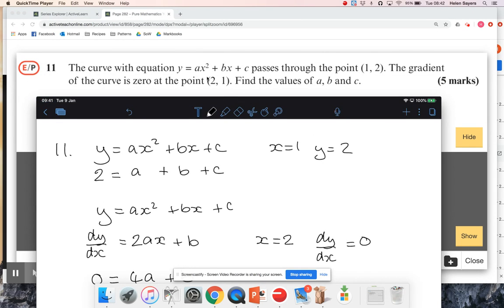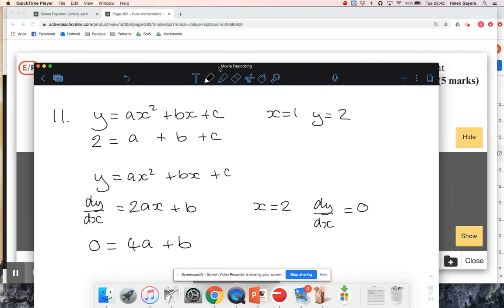They just haven't made a big deal of it. But they've also told me here that it goes through (2, 1). So if I go back up here, I've got another coordinate it goes through. I'll squeeze that in a different color, purple, just to show that I'm adding this in.